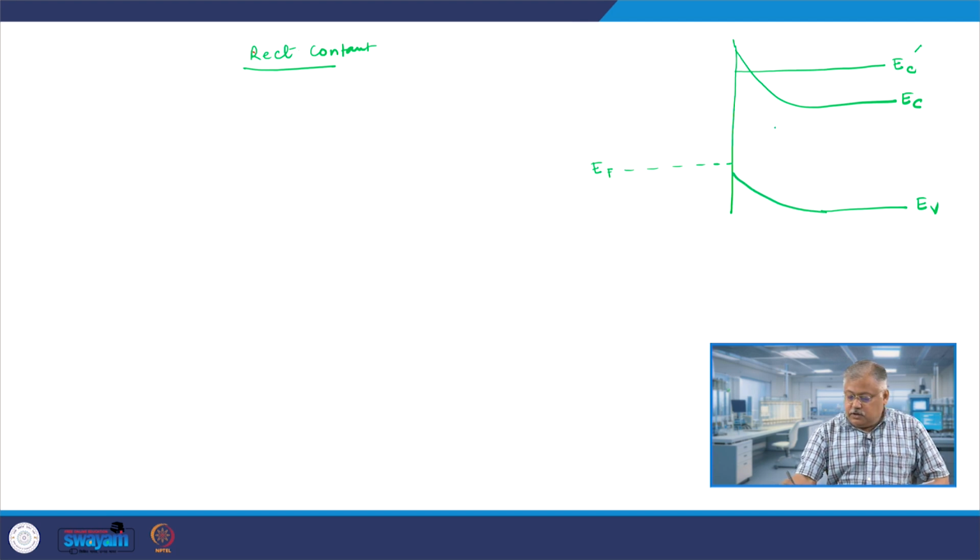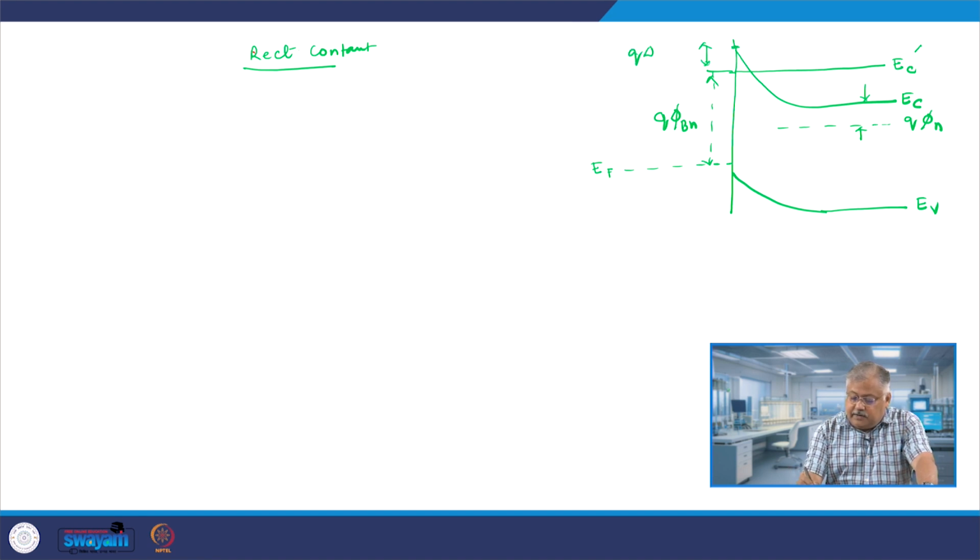Therefore there will be a discontinuity in the Fermi level, which will be referred to as phi n, and this initial value is my q phi B n, which is the barrier height for electrons.